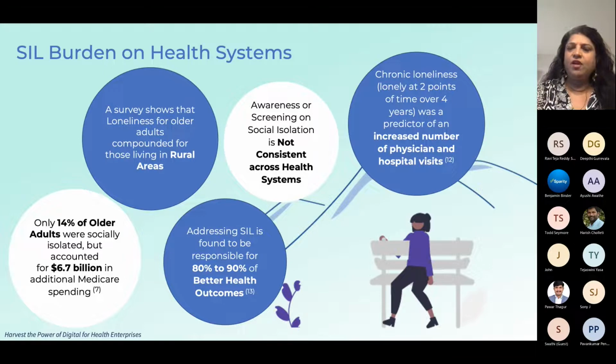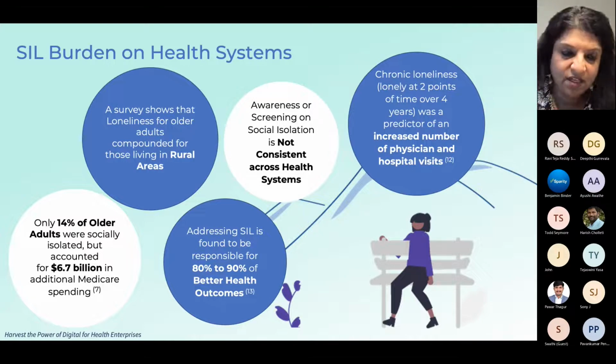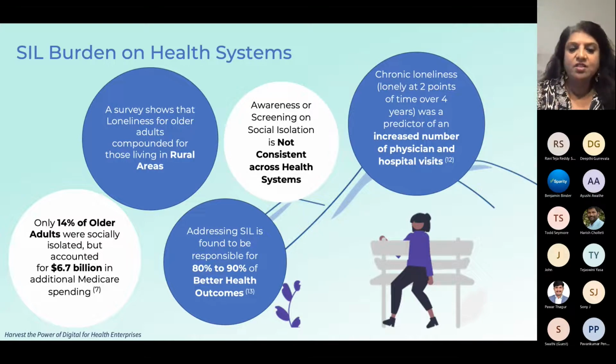It's a stunning figure when you look at what the post-onset of the pandemic has done to the health systems, the burden it has imposed. So Medicare spending of $6.7 billion for about 14% of older adults who were socially isolated, thereby leading to health conditions, is a huge number. It's a big burden on the health systems.